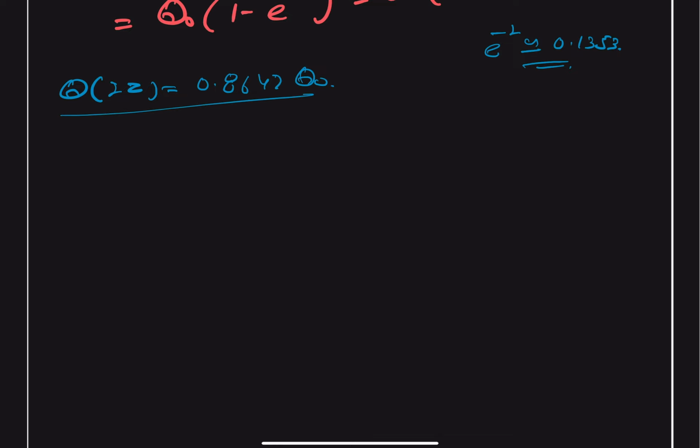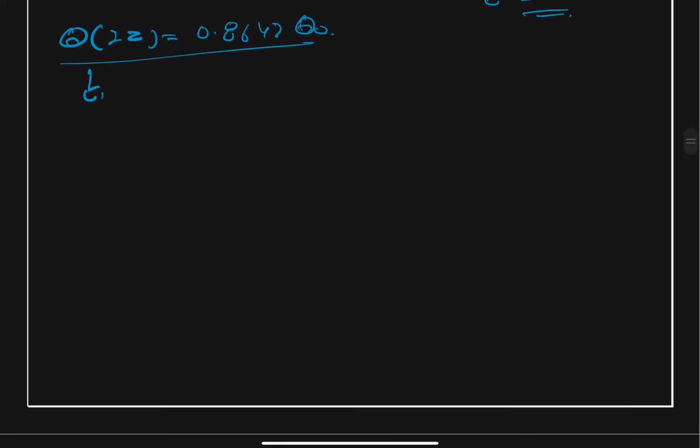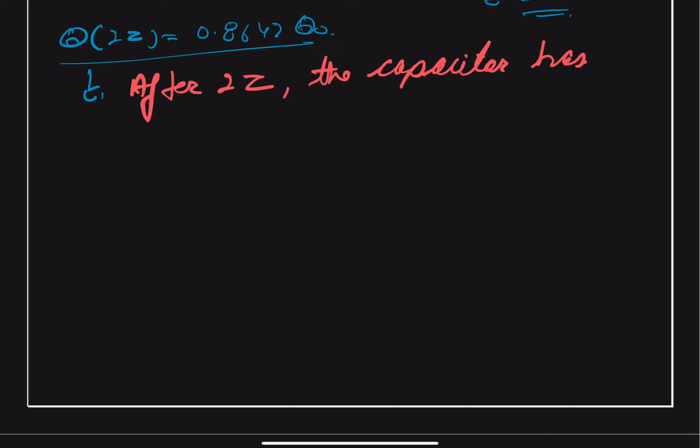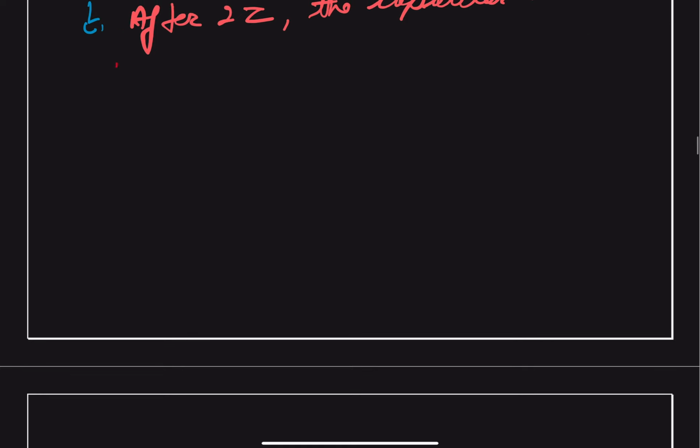So from here we can say that after 2 tau the capacitor has 86.47% of maximum charge, not total.